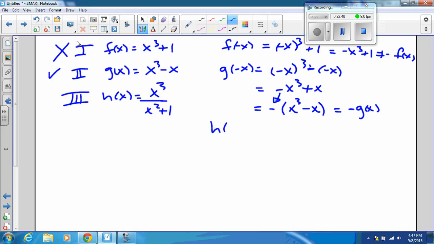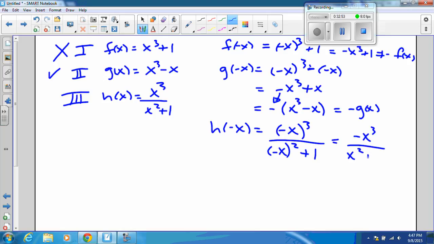And then finally, when I evaluate h of -x, I get -x cubed at the top. I get x squared plus 1, and I can see that, in fact, this is equal to h. So h of x is an odd function also.